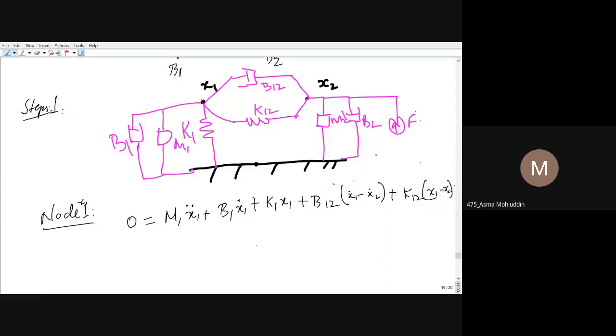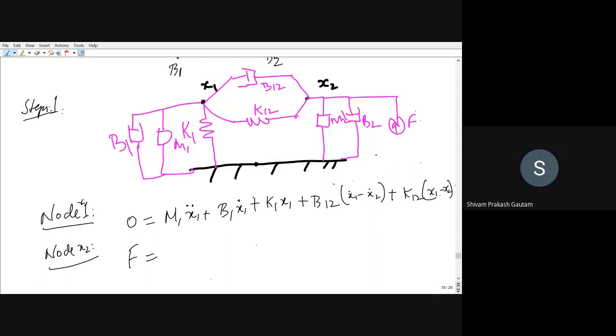Yes, sir. Now we will apply at node X2. Do you see any external force at node X2? Yes, sir, force F. F is equal to, now all the other forces on the other side. Tell me, what are the basic elements connected to node X2?